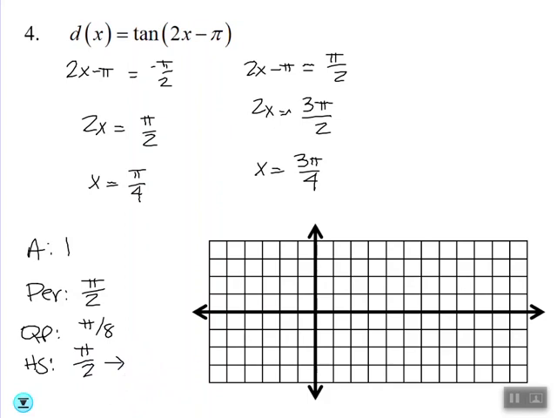So let's label our axes. And then draw our asymptotes. So the distance between our asymptotes is equal to the period, which is pi over 2.